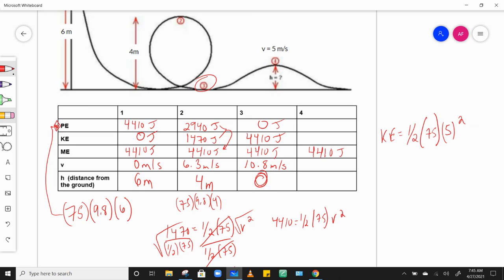We get 937.5. Now potential energy. So potential energy is that 4410 minus the kinetic energy, and we get 3472.5.